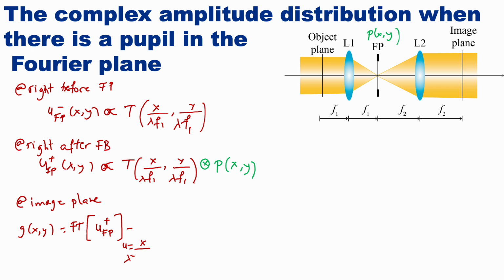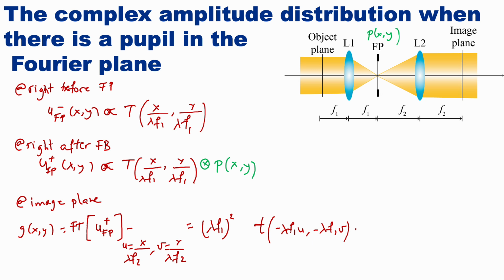Evaluated at u equal to x over lambda f2, and v equal to y over lambda f2. So here, because you have that scaling on the Fourier transform, there's going to be some scaling there, but the Fourier transform of the Fourier transform becomes the transmittance with a minus lambda f1 u, minus lambda f1 v, and now that convolution becomes a product.